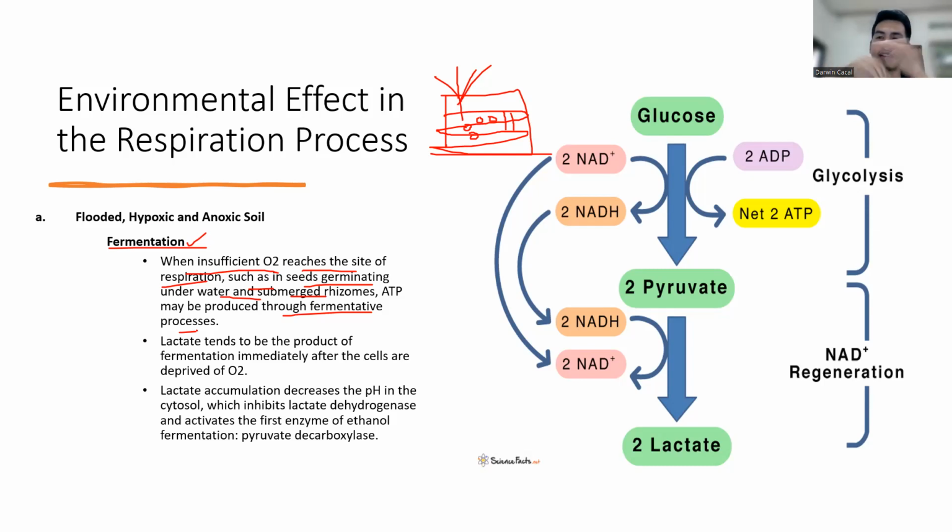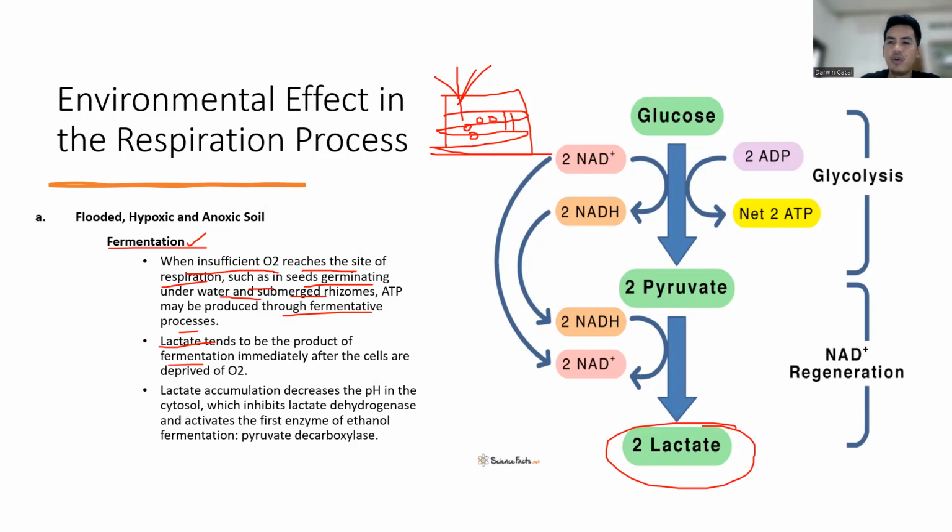Pero once na nag-start na ang tinatawag nating fermentation process, that's the start of producing the ATP. Okay? So the lactate tends to be product of fermentation. So ang product ng fermentation is the 2-lactate.